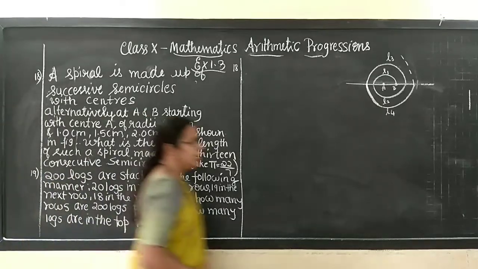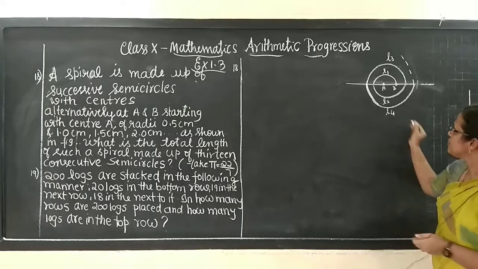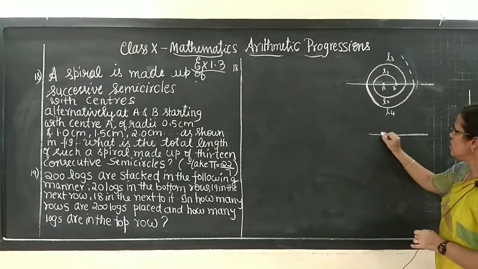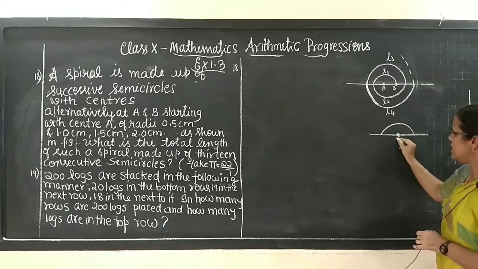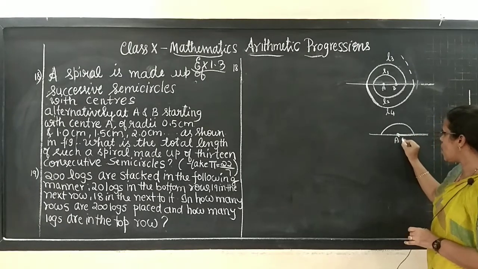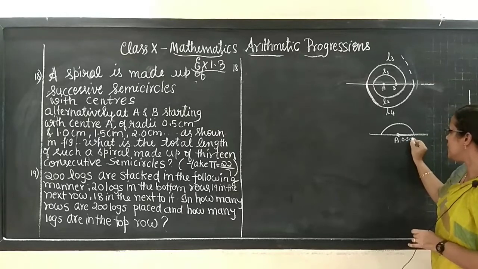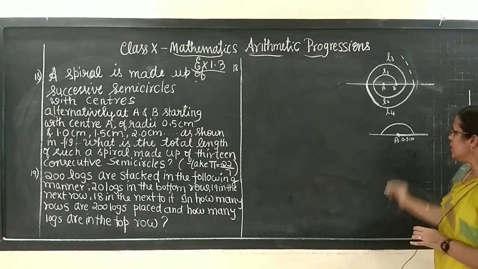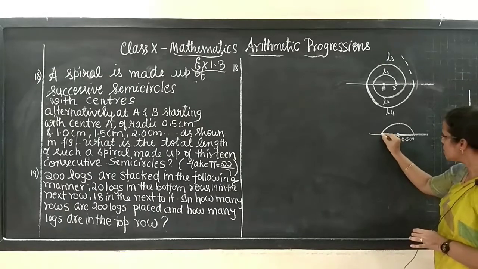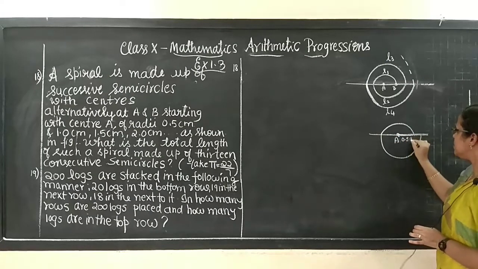So in the figure, from the center, A is the center, this is called the radius, right? Radius is how much given? 0.5 centimeter, right?